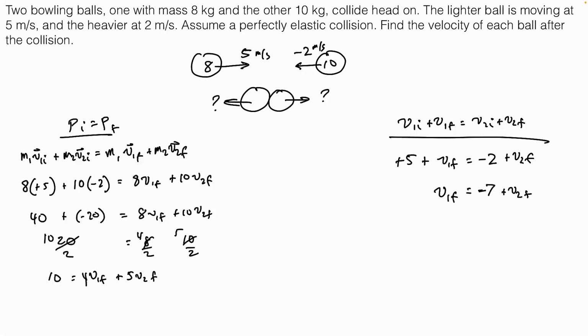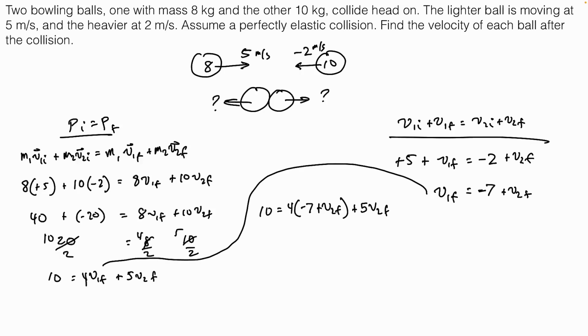So what is that substitution? It's going to be 10 equals 4 times a negative 7 plus V2 final, plus 5 V2 final. That was sloppy. So what happened there? I took V1 final, and I shoved it in there to get this.